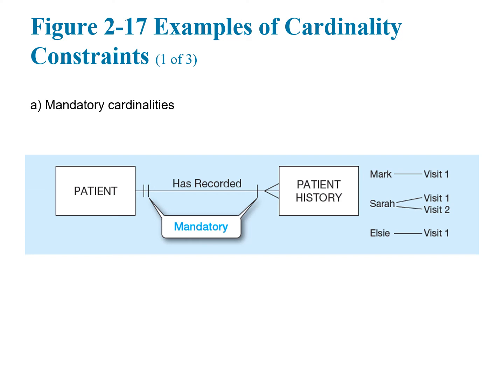By contrast, each patient history visit record must be associated with exactly one patient. Note that in all these entity relationship diagrams, cardinality is represented using something called crow's foot notation. The three prongs on the many side of the relationship are called the crow's foot.